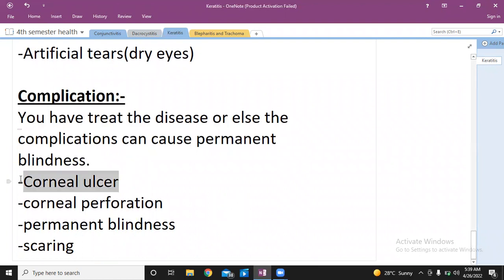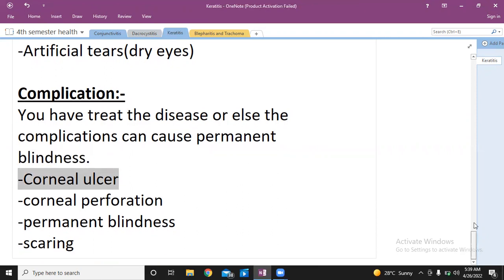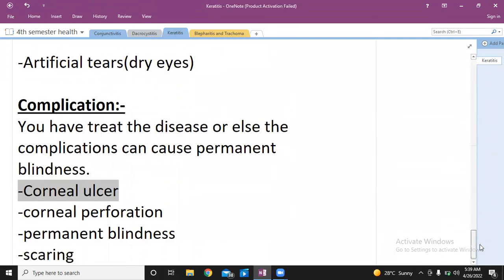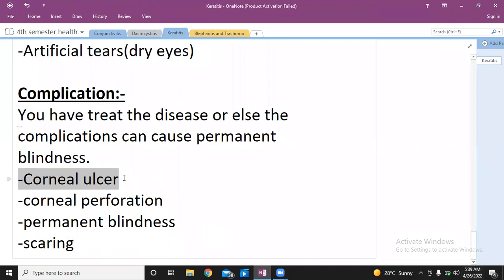Look for corneal ulcer. There should not be corneal ulcer. Who will tell you about corneal ulcer? This thing will tell you about corneal ulcer. If this is very much present, it will tell you about the corneal ulcer level.